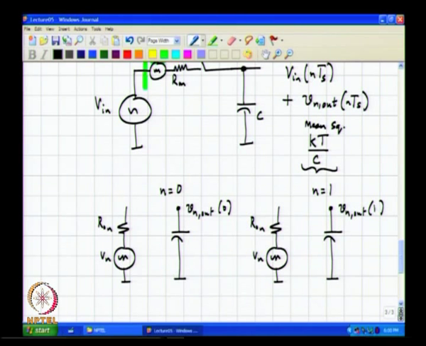Can I comment on the correlation between this voltage and this voltage? In other words, can we say anything specific about Vn out in the next sample, given that we know what it was in this sample? Yes? No? No, why?